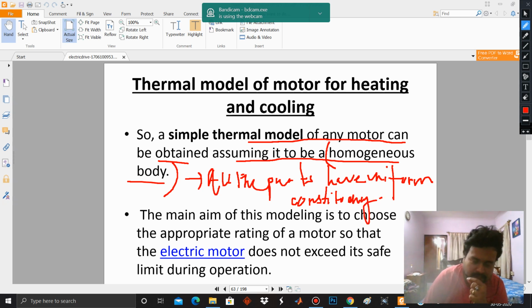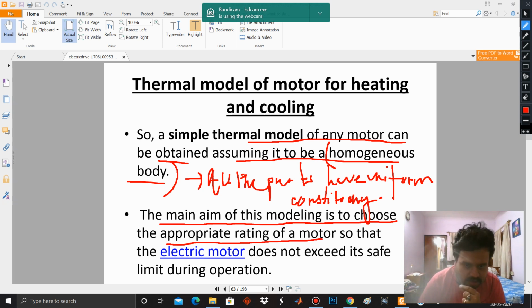That is meant by the term homogeneous, that each and every portion of the body has uniform constituency. So the main aim of this modeling is to choose the appropriate rating of the motor so that the electric motor does not exceed its safe limit during the operation.